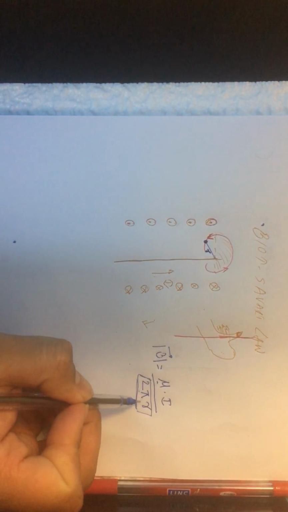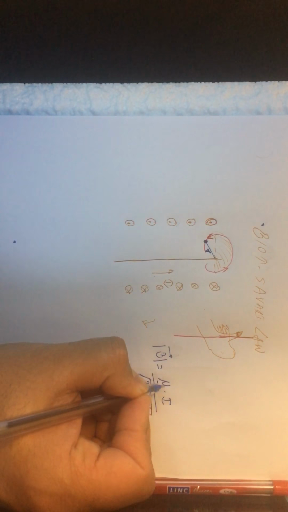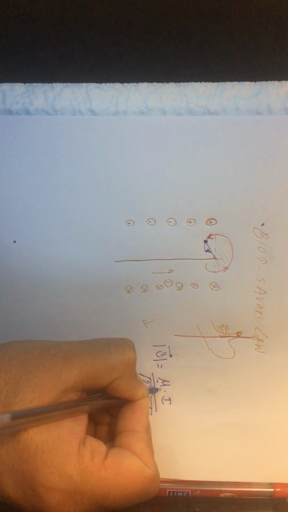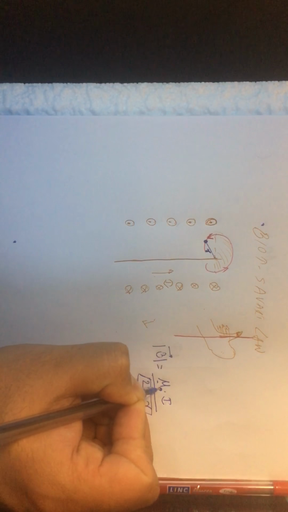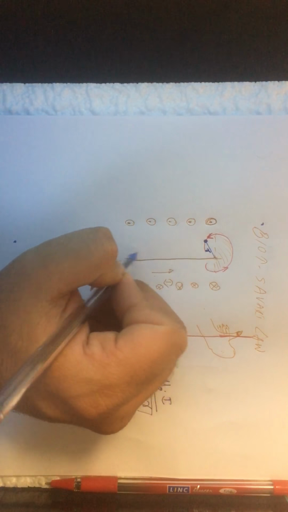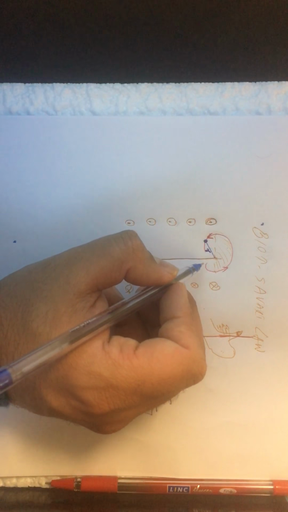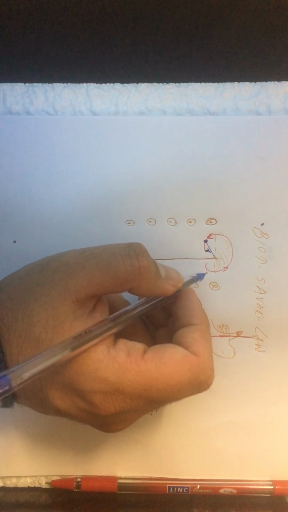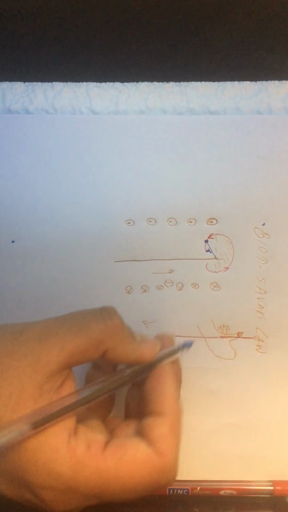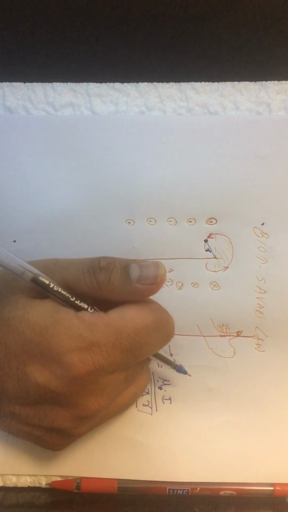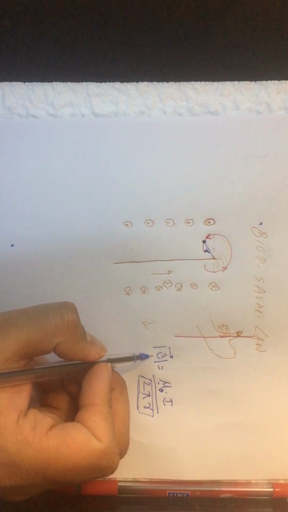So we consider it as 2 pi r, and I is the current, and mu is permeability. Here in our case we take it as mu naught, because the free space between the magnetic field and the electrical wire is air. So permeability for free space is taken as mu naught. I hope you guys got the relation.